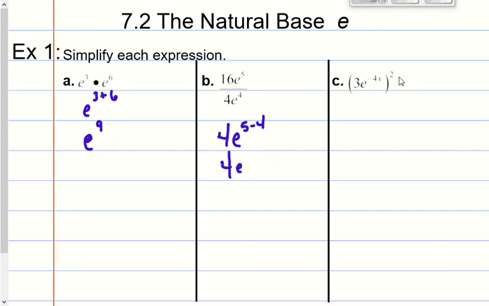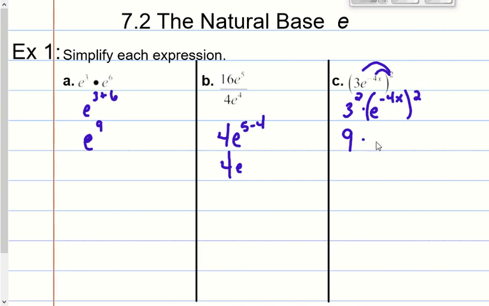On C, I have a square outside the parentheses. So I'm going to distribute it to everything on the inside, which is going to give me 3 squared times e to the negative 4x, and then I'm going to square that as well. So 3 squared is 9, times power to a power.